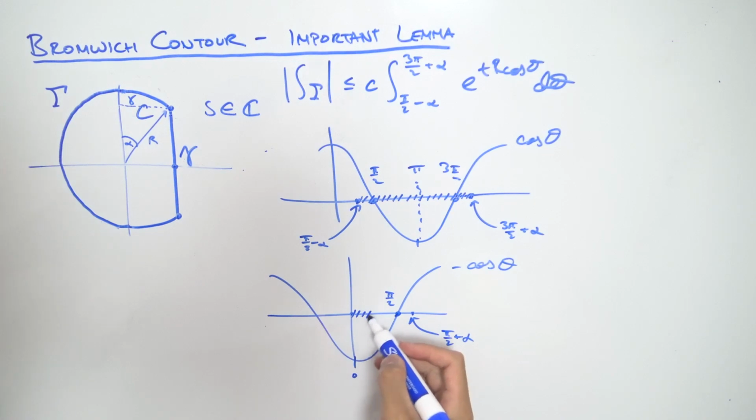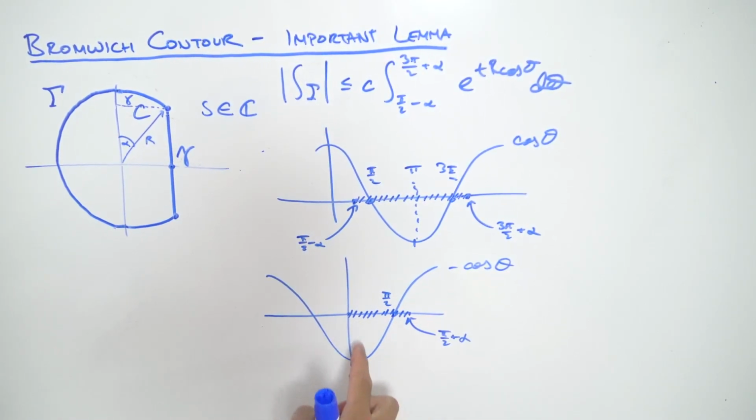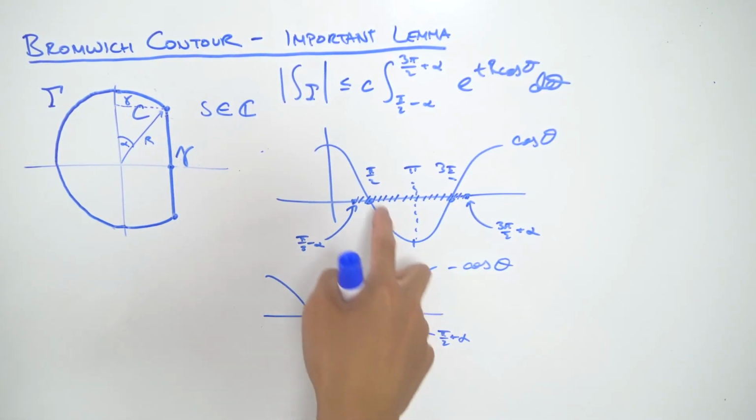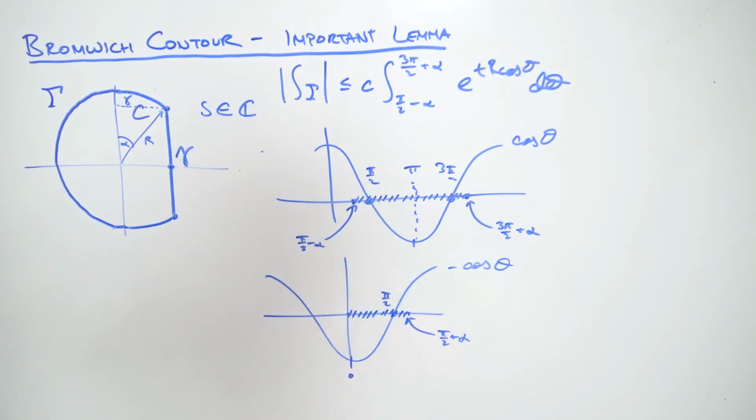So consider this interval now from 0 up to pi on 2 plus alpha. Notice that the values we get out of the cosine function are just half of the values that we get from here, but we can use a bit of symmetry on the integral to double it.